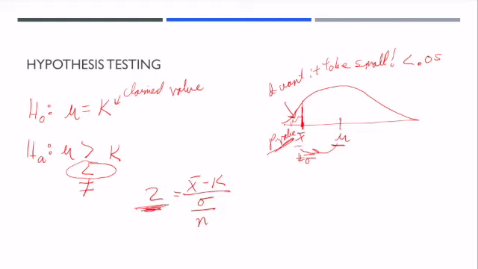Let's take a look at what a right-tailed would look like. So when I have a right-tailed hypothesis test, there's no difference between my mean and some constant value is my null hypothesis. I have my alternate hypothesis that my mean is greater than some K value.